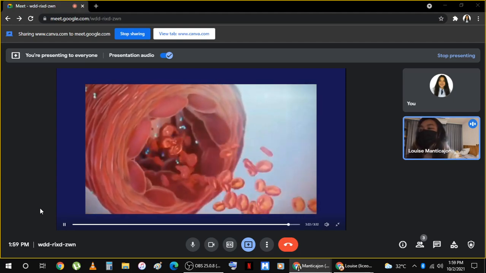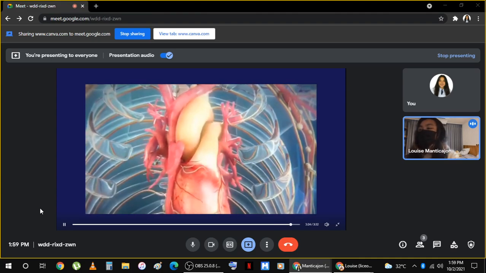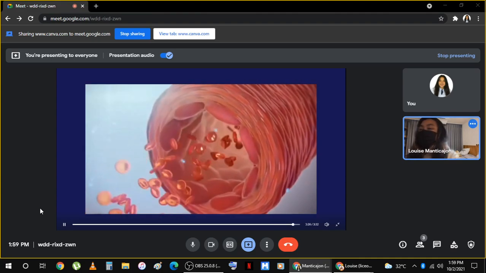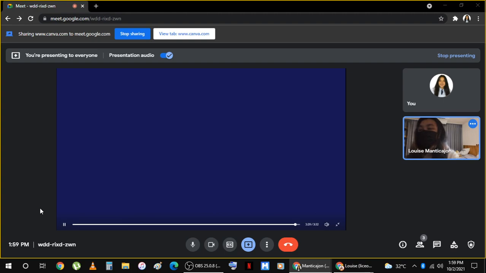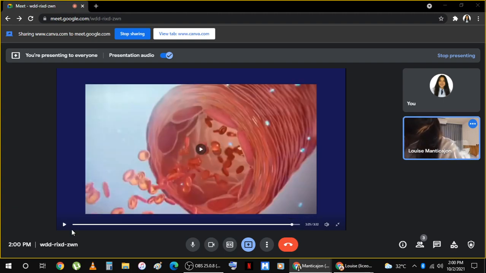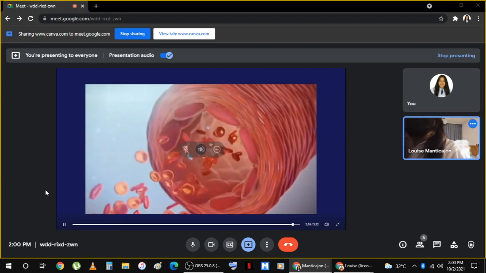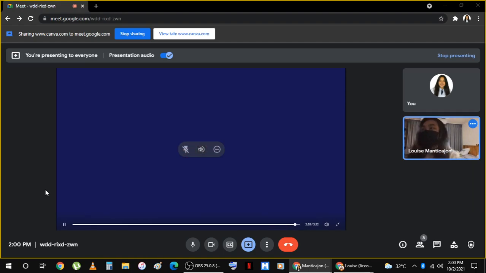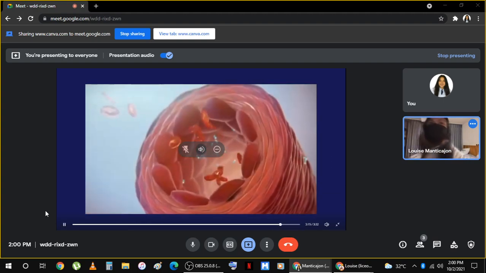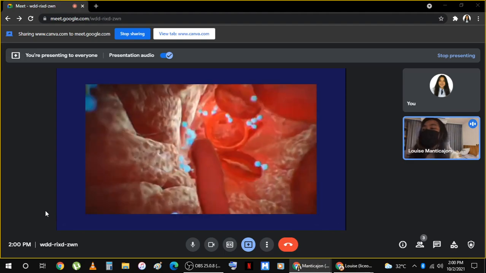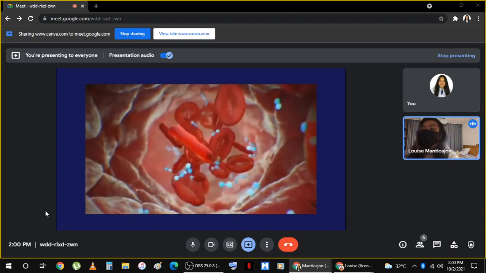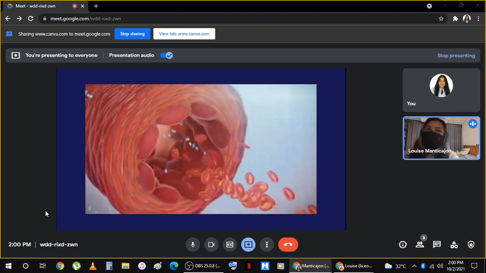If you have enough nitrogen monoxide, our blood vessels can relax and widen, allowing blood to flow smoothly from and to the heart.